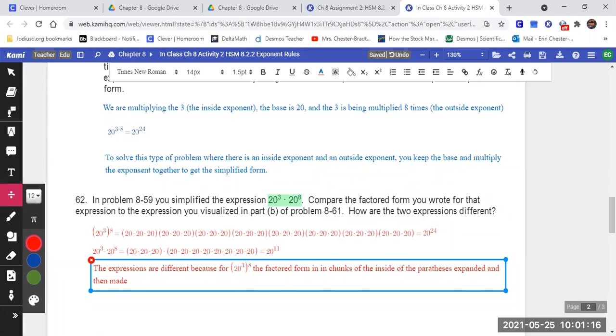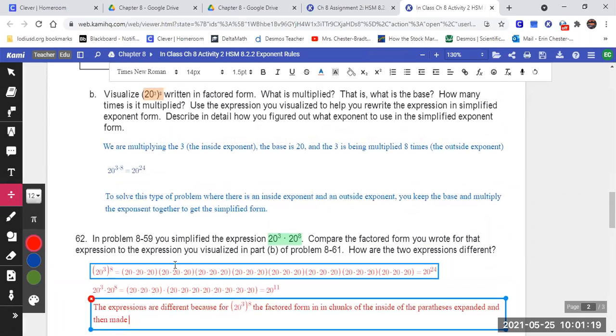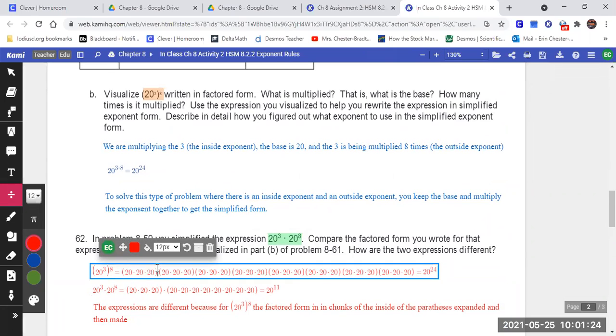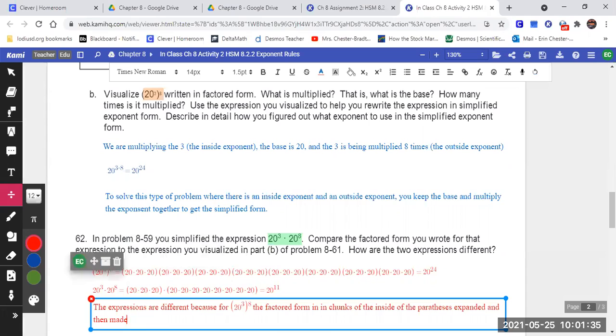After we made that 20 times 20 times 20, then what did we do? Okay, I need to figure out how many chunks. So we made chunks of the inside of the parentheses expanded. And then after we expanded it, we then made sets of it that matched the outside exponent, right?